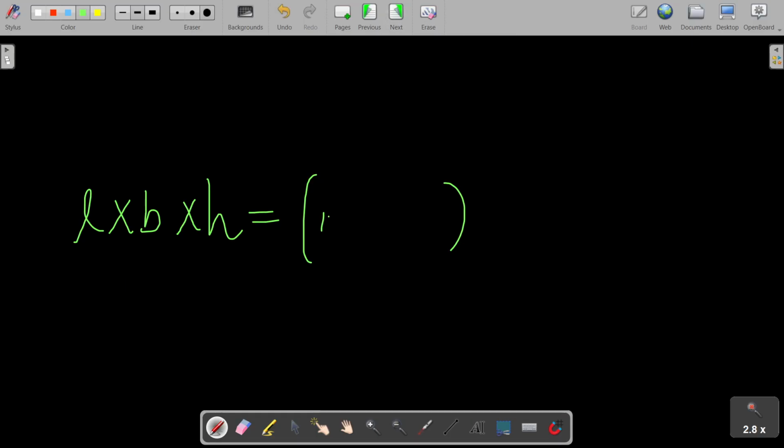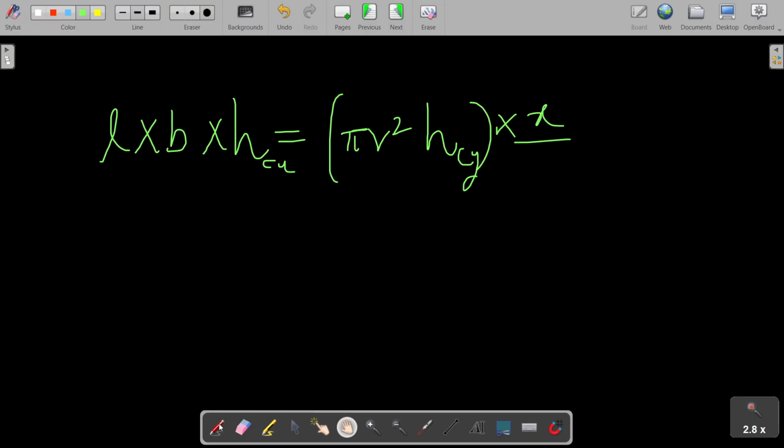So for one cylinder it is pi r squared h of cylinder. This is h of cuboid. This is h of cylinder. So this is for one. If we need to find for x, we are dealing with x number of coins, so I have to multiply that by x. So now this equation is correct.